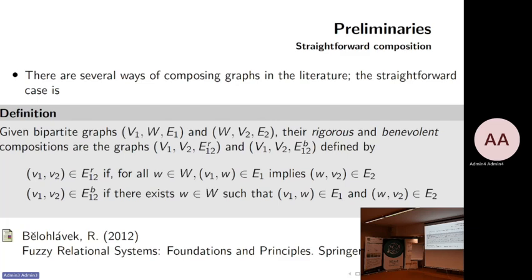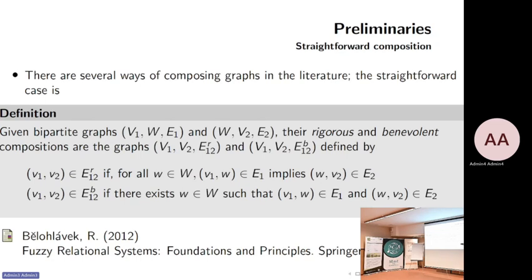It is related to the composition of graphs or relations. Martin gave a plenary talk on this last year, and this is closely related to the fuzzy relational compositional operators, and even the isotone and the antitone constructions can be rewritten in terms of those.